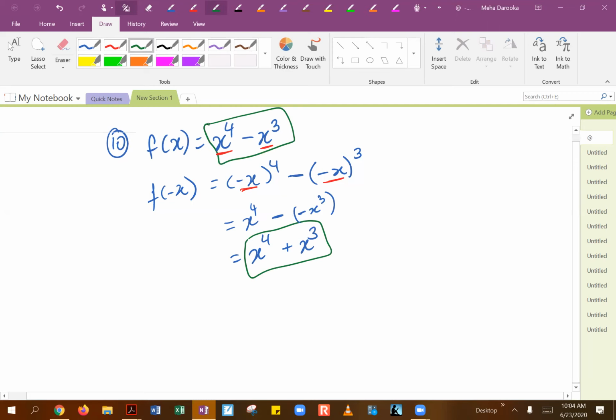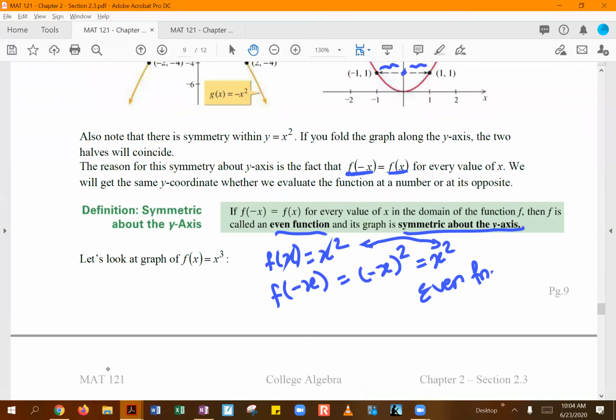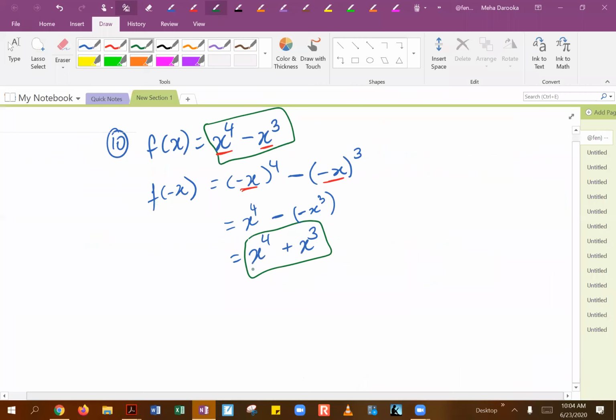We did not get the same result, because if we had, we could have said this is an even function, but obviously we did not come back to the original function itself. Since that did not happen, this is definitely not an even function. So if it's not an even function, there is no symmetry with the y-axis.